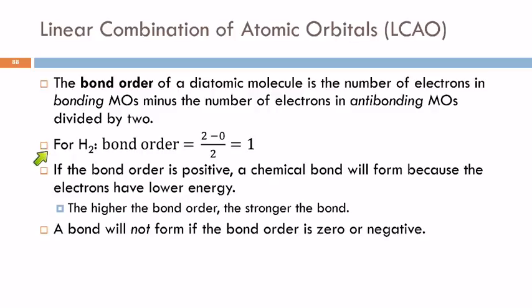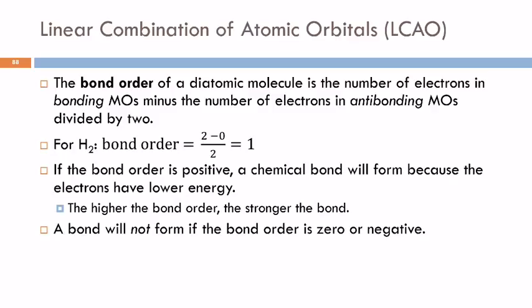Okay, so that's how to calculate a bond order. What does the bond order mean? If the bond order is positive, meaning larger than 0, a chemical bond will form. It will form because in forming, the electrons have lower energy. And generally, things that go to lower energy are going to happen.